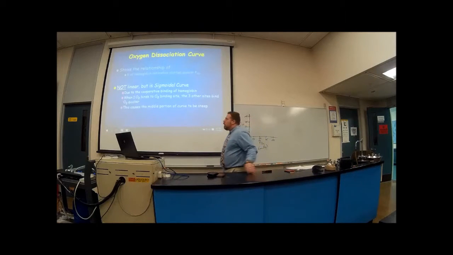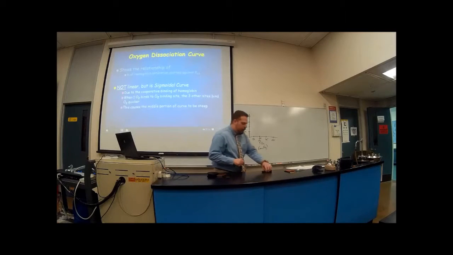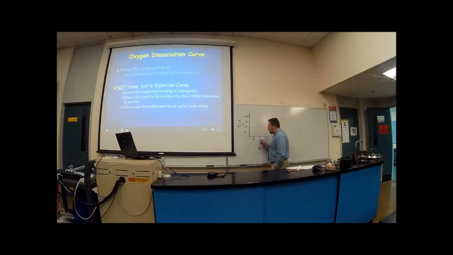Now, it's not linear, it's sigmoidal. So let me explain to you what this is. If this is what linear would be, if my partial pressure of oxygen is 25, then that would say that 25% of hemoglobin would be saturated.